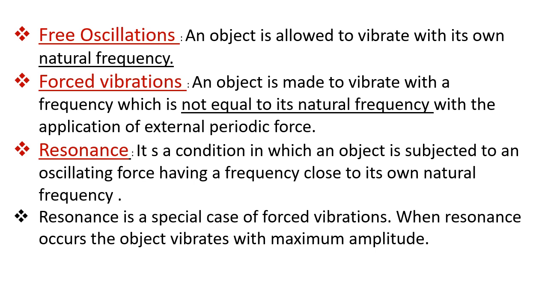In forced vibration, the amplitude depends upon the difference between the frequency of the external periodic force and the natural frequency of vibration, and it also depends upon the amplitude of the applied force and the damping force. So that is what forced vibrations are.